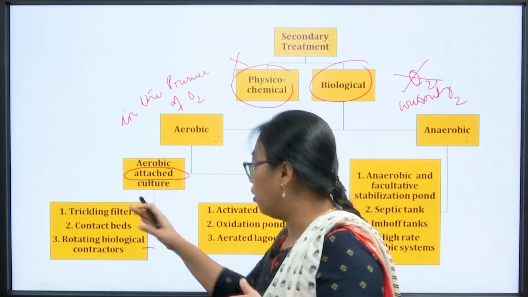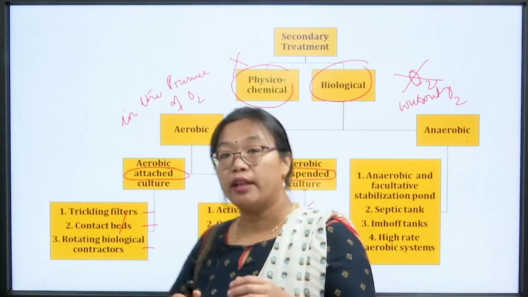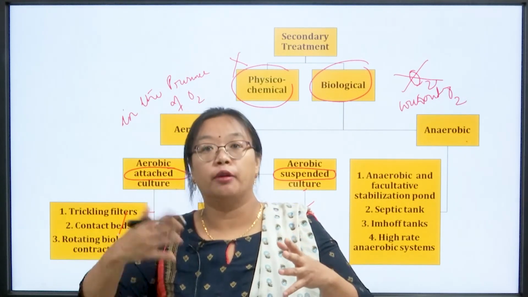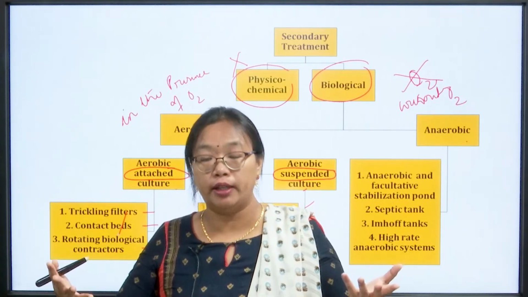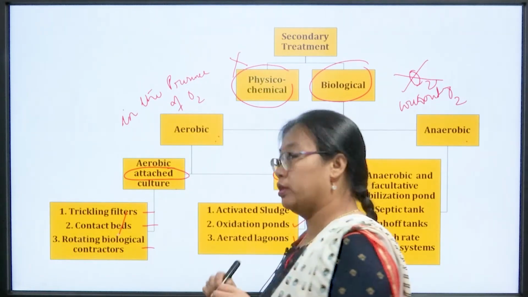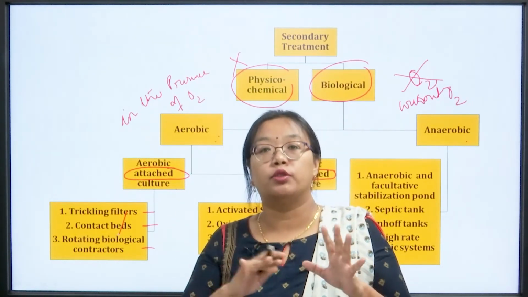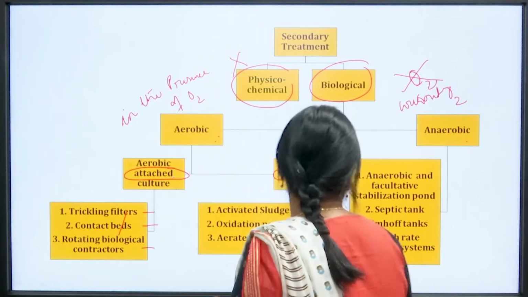I have just written the major ones. Activated sludge is a tank with the wastewater and the bacteria, which is free flowing. Even in oxidation ponds the bacteria are free flowing, not attached, there is no media, whereas in attached we have media.